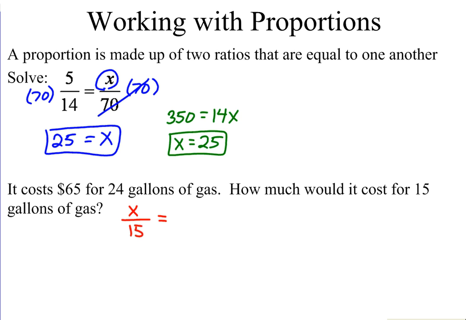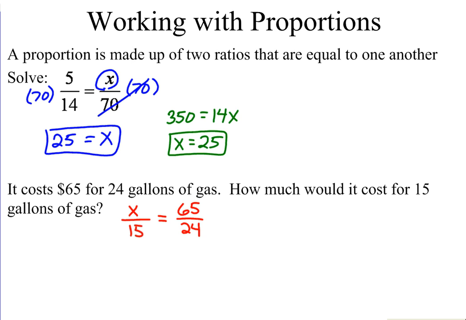We know that it costs $65 for 24 gallons of gas. However you set up your one ratio, you must set up the other one the same way. So in this case, because I went dollar amount over number of gallons, when I set up my second ratio, I have to go dollar amount over the number of gallons. It doesn't matter if you have those switched as long as it's switched in both ratios. So had I gone number of gallons over dollars, then I would have to go number of gallons over dollars in my second ratio.